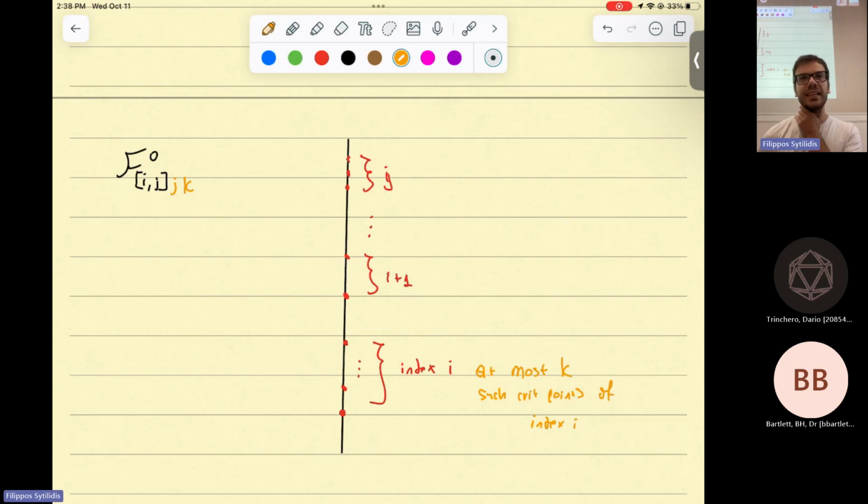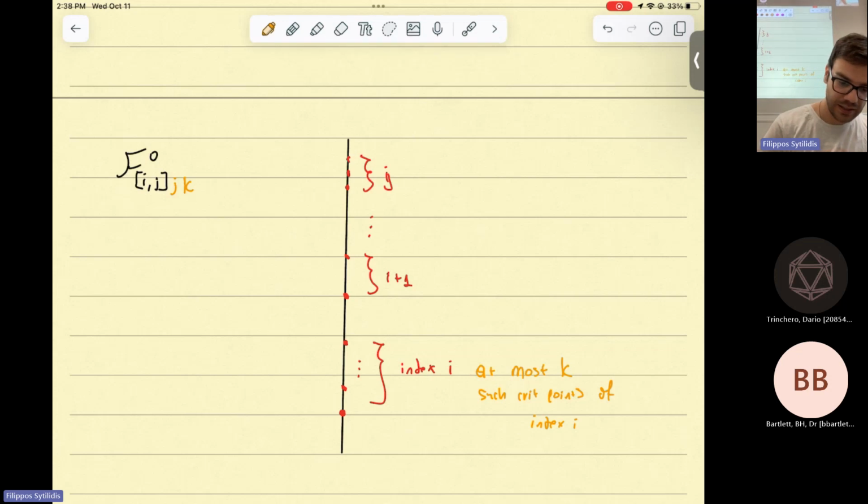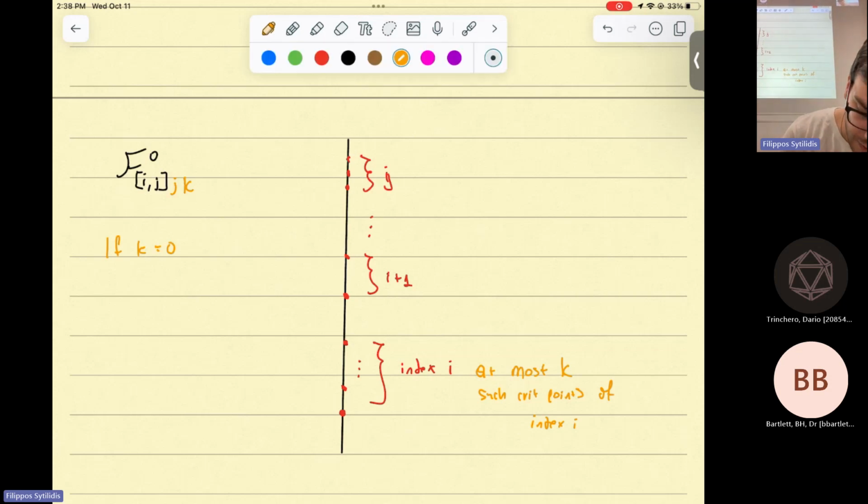So if K is 0, it means there is not such a point, right? Exactly. If K is 0, that's very good. Then let me use another color.